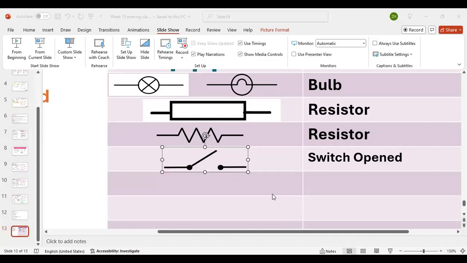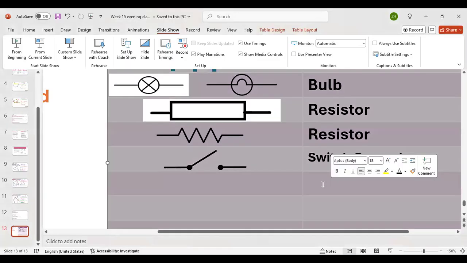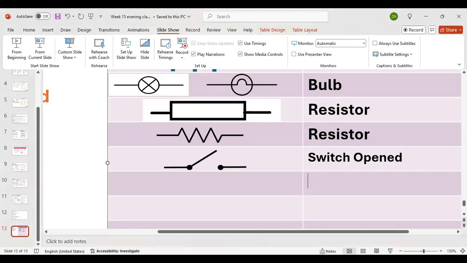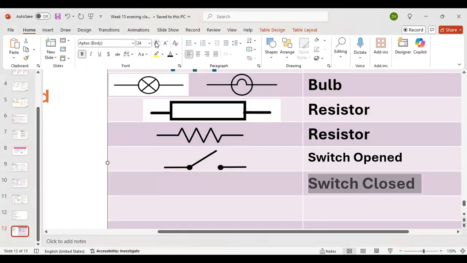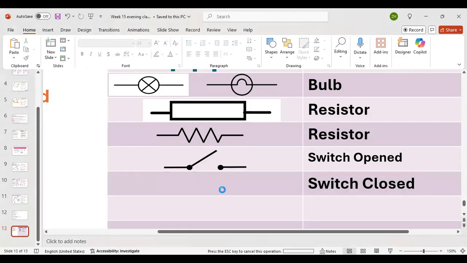All right, green. Next, we have switch close. So switch close is when electricity can pass through.